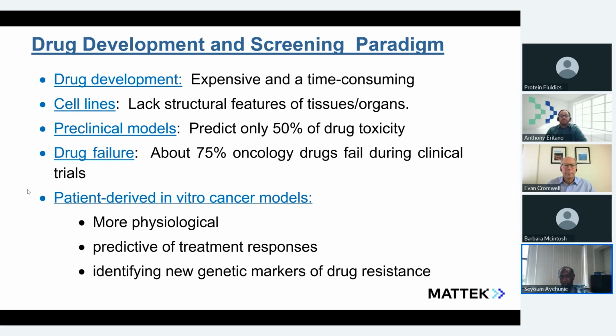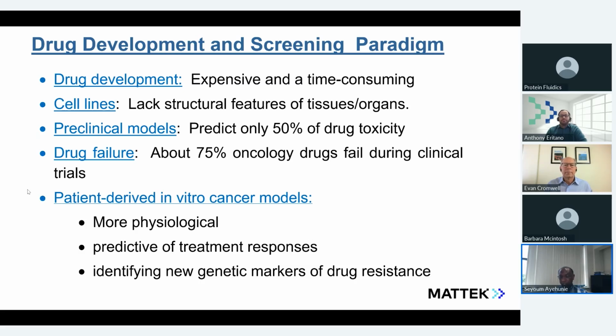And as a result, drugs are extremely expensive. Cell lines have been used for a long time, but they lack structural features of organs, and they don't predict human responses.